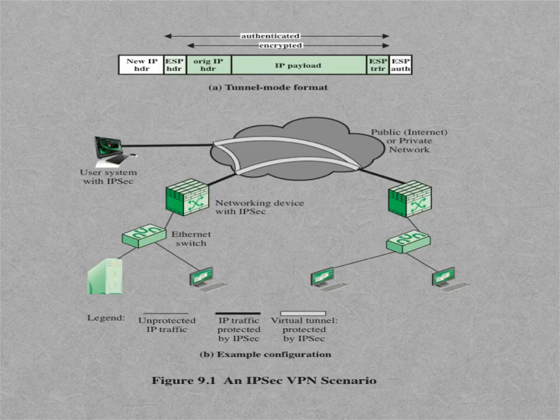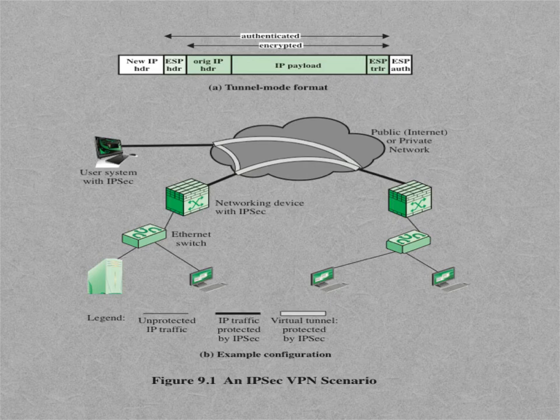So this shows you the scenarios that we just talked about. So here we talk about, of course, the IP payload, which is the data part, and then we have the header part, right? So this is the normal IP.